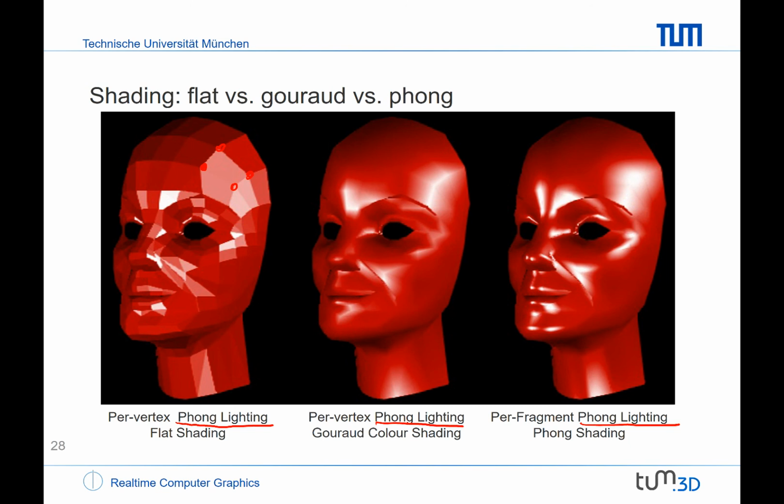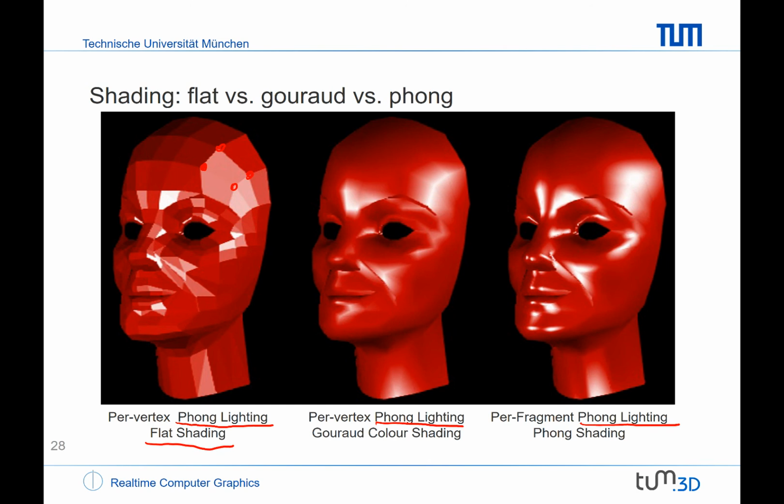That then gives us what we see here, the so-called flat shading. So there's no color variation or reflection variation across the polygons.